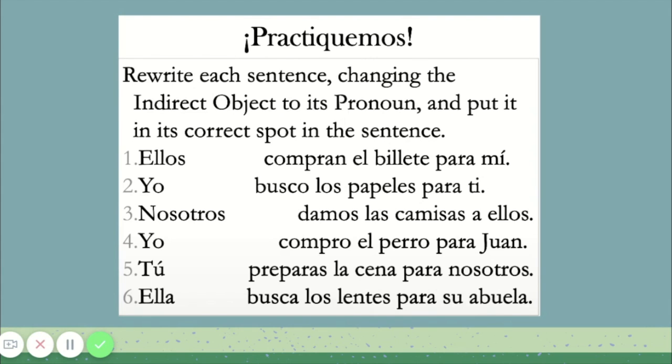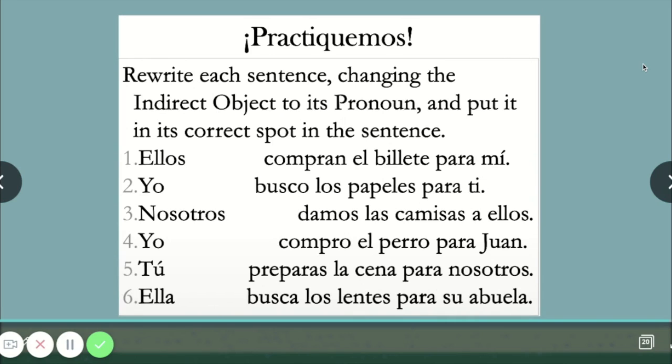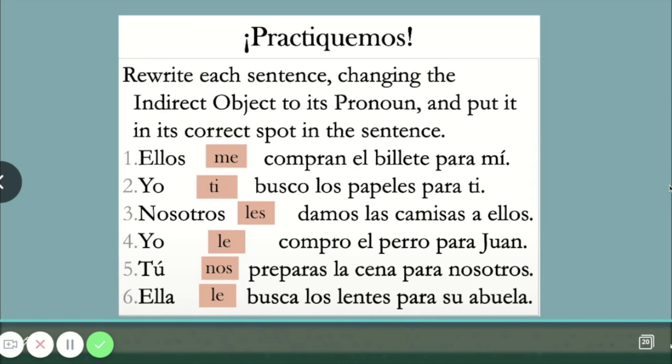Good job, Matthias. Yeah. And Nico. So remember, su abuela is one person. Okay? So we have le. Ella le busca los lentes. Good job. I really appreciate the people who are participating. Seems like you're getting it, which is awesome.